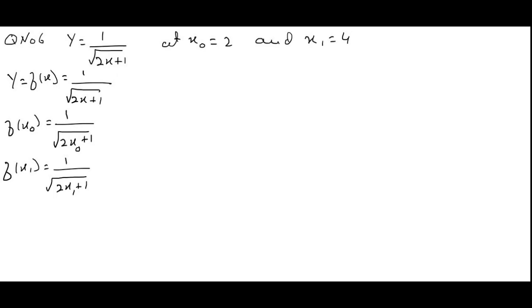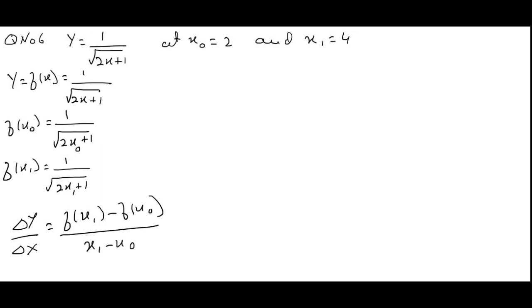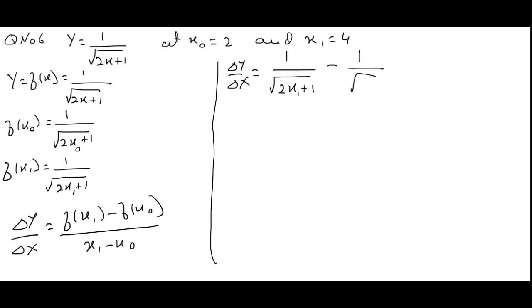Now putting in the formula, delta y by delta x is equal to f of x1 minus f of x0 whole divided by x1 minus x0. Delta y by delta x is equal to 1 over under root 2x1 plus 1 minus 1 over under root 2x0 plus 1, whole divided by x1 minus x0.